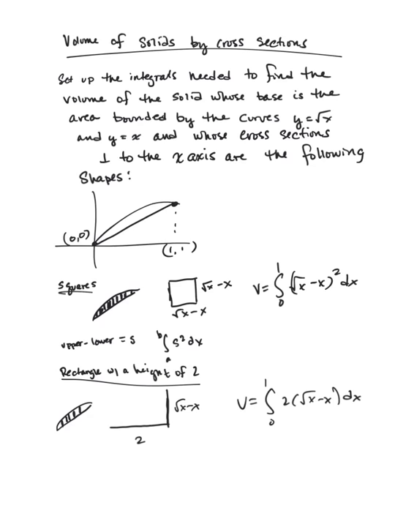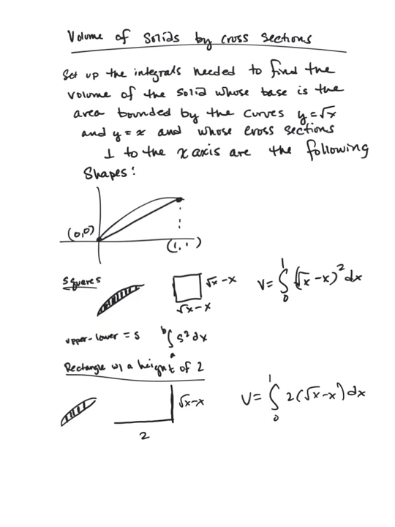Now the dx, you understand, is the thickness of each of these little rectangular prisms. So in the last one, for those squares, there's an infinite number of them with infinitesimal thickness dx, and that's what's going on. Okay, let's say they said a rectangle with a height twice the width, or maybe they'd say length, depending on how they word it.